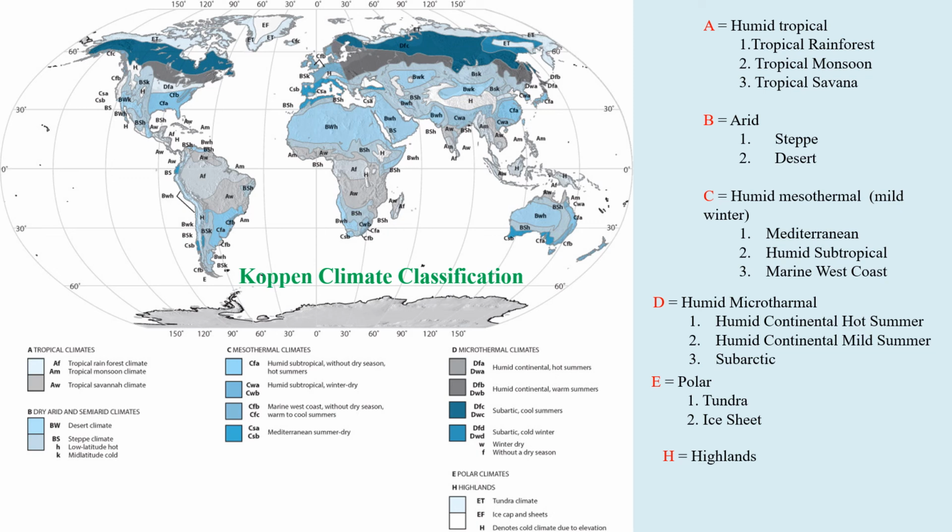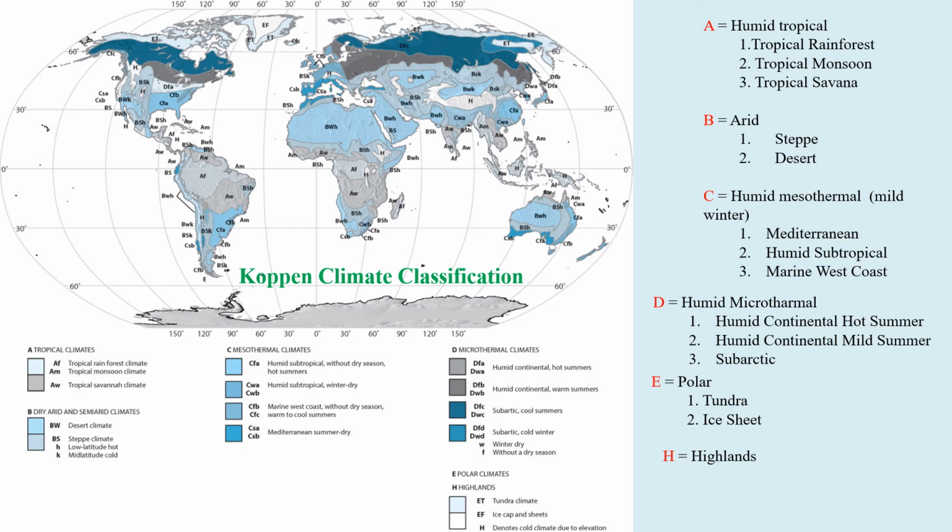Dry climate has 2 types, steppe and desert. C, mesothermal, has Mediterranean, humid subtropical, and so on. D is humid microthermal. And you have the E climate, polar and ice sheet.